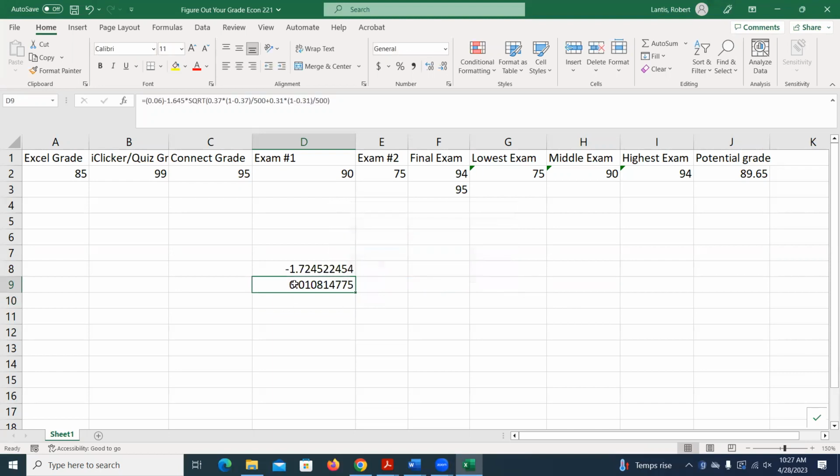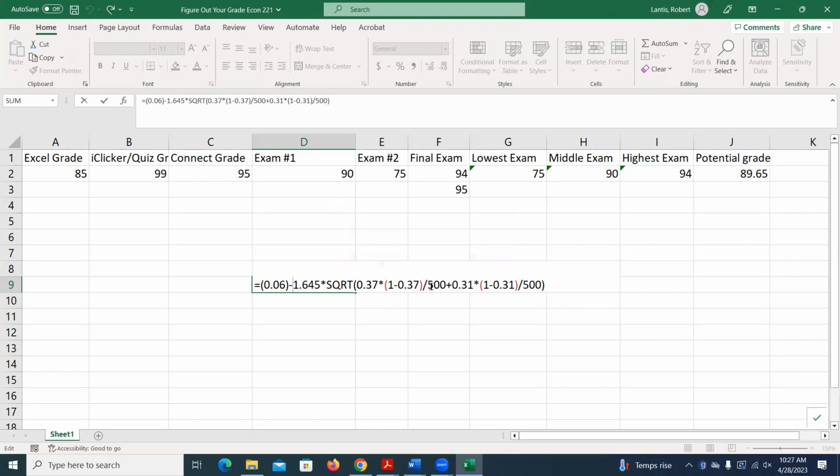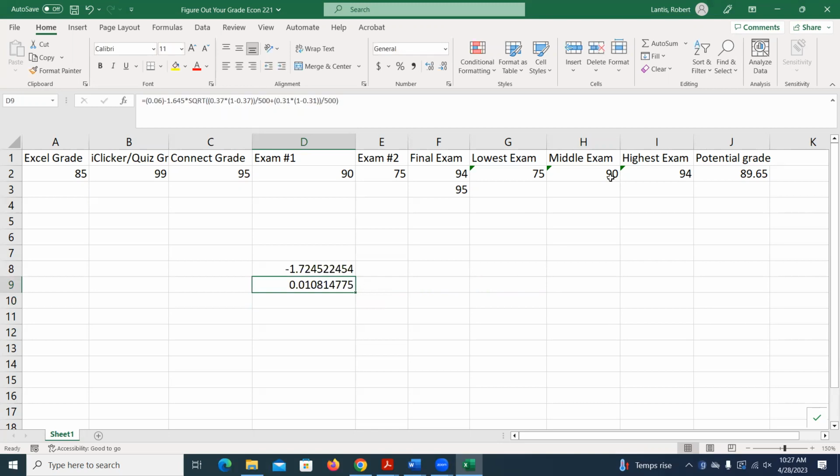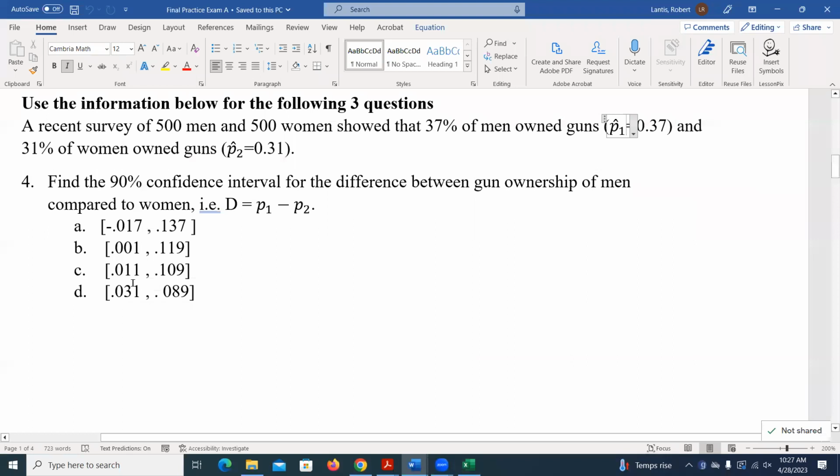In this parentheses, 0.37 times 1 minus, divided by, plus. What am I missing? Oh, wait, 0.01. Yeah, I rounded up. I think it'll end up being C, right?